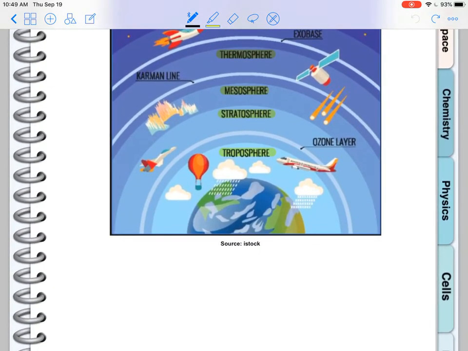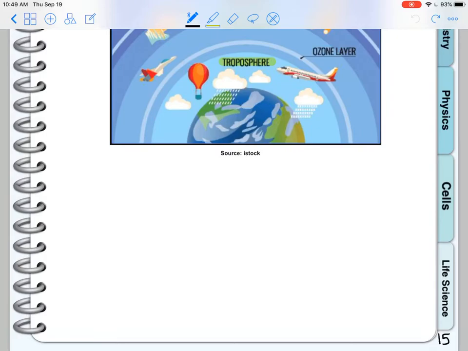I'm going to start at the bottom of my page and let's talk about the troposphere. So troposphere. And I'm sorry, you see the dyslexia here. How about that? Troposphere, the tropos ball, if you remember that sphere is a morpheme for ball.